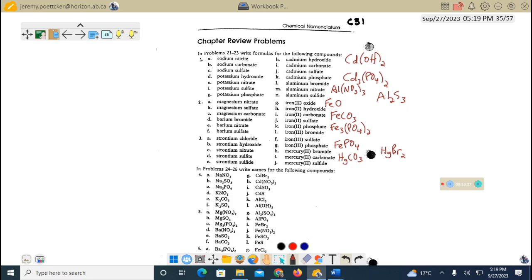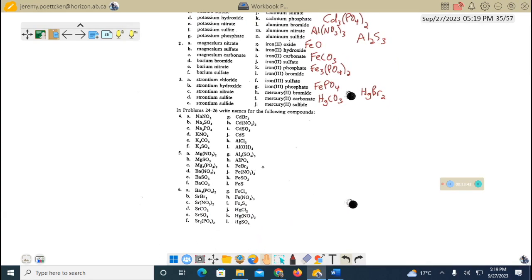All right. I'm going to let you just listen, so this will be an audio key. Working my way down. Oops, slow down. Starting here. Cadmium bromide. Cadmium nitrate. Cadmium sulfite. Cadmium sulfide. Aluminum chloride. Aluminum hydroxide.